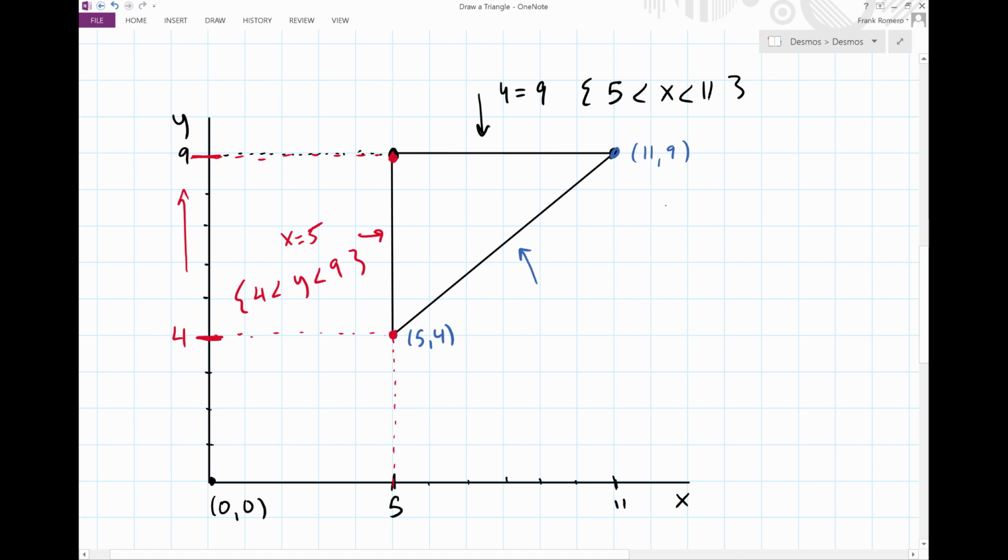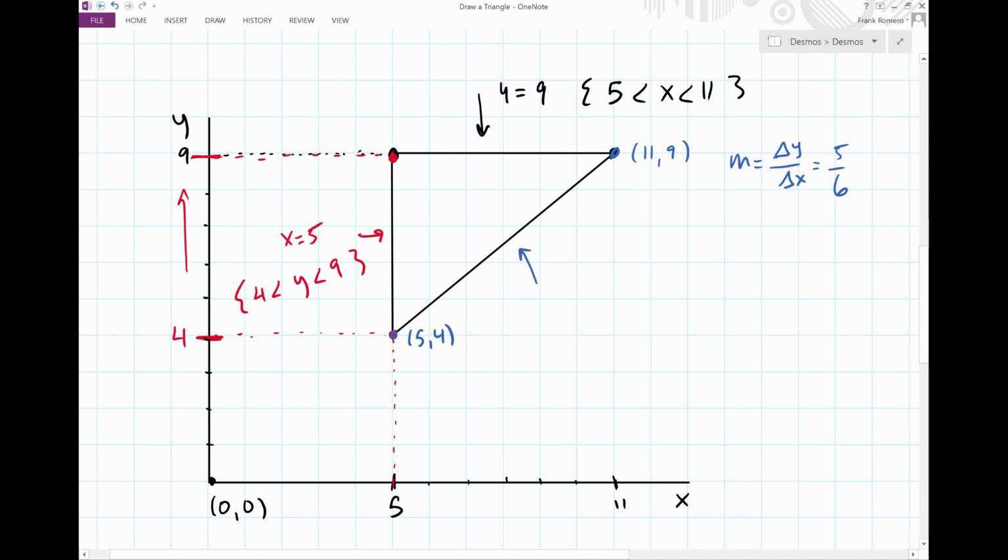Okay, so the slope, the change in y over the change in x, that's going to be 2, 3, 4, 5, and then 1, 2, 3, 4, 5, 6. 5 over 6. And it's positive, so we don't have to worry about the sign there.